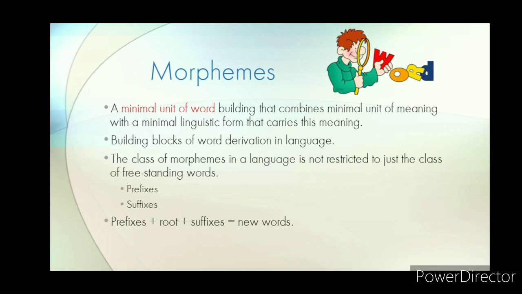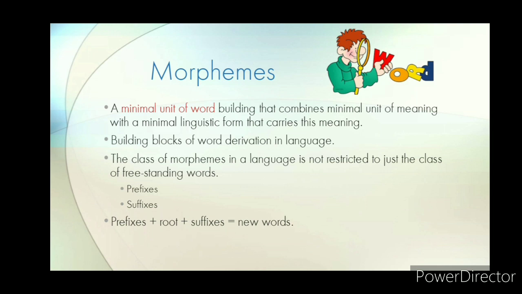Morphemes have a few kinds, such as bound morpheme, root morpheme, and free morpheme. The class of morphemes in a language is not restricted to just the class of freestanding words. Here, prefixes and suffixes are included in the morphemes.